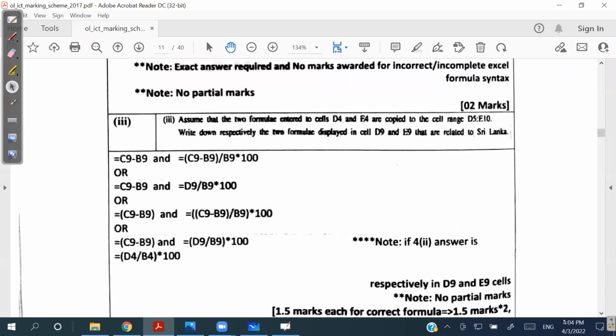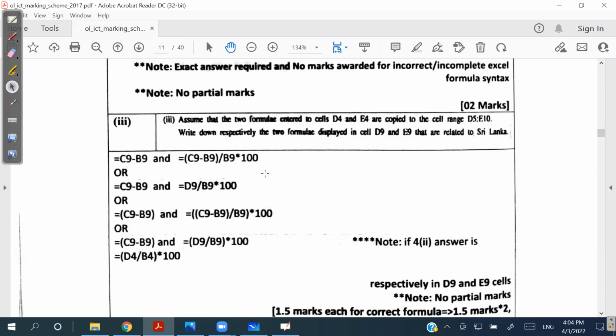Cell D9 contains C9 minus B9, and cell E9 contains either C9 minus B9 divided by B9 into 100 or D9 divided by B9 into 100. It is according to the formula that you have used.